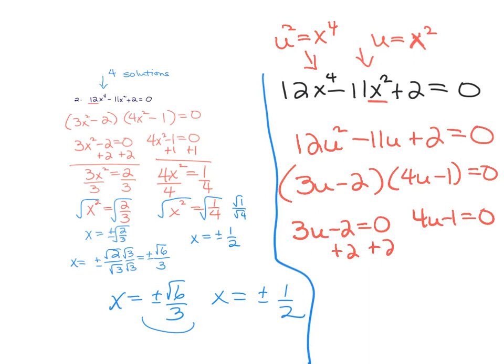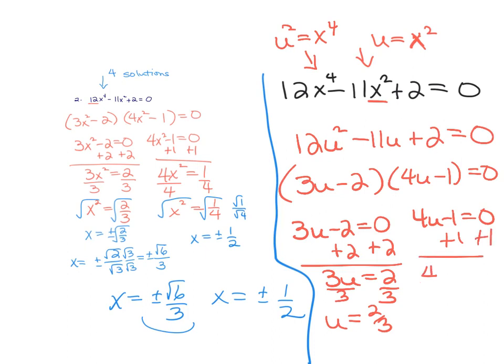Add 2. 3u equals 2. Divide by 3. Now, u equals 2/3. Let me do this one. 4u equals 1, divide by 4, and u equals 1/4.